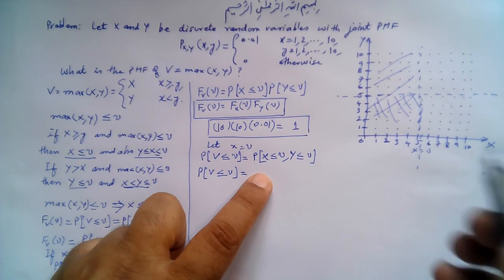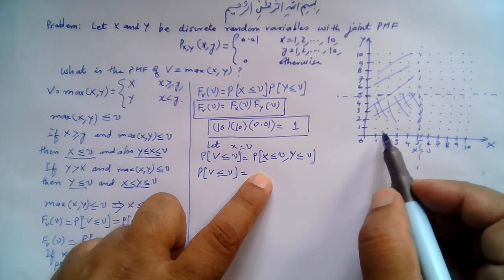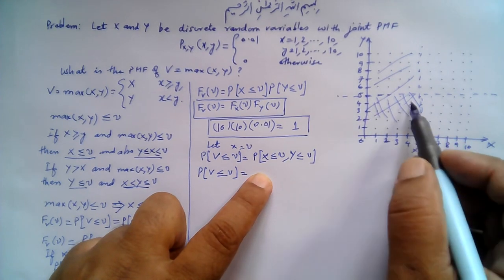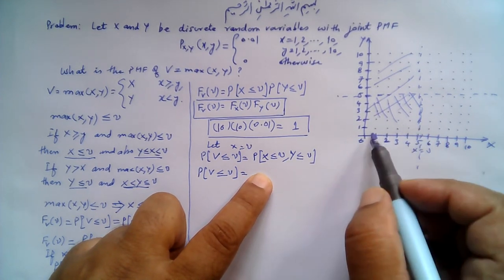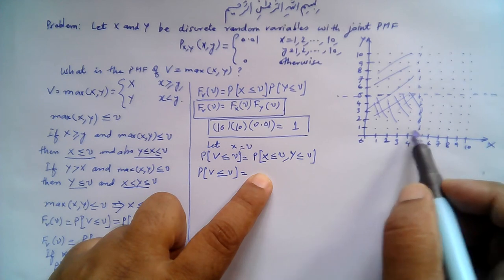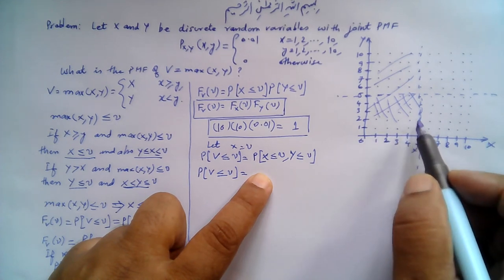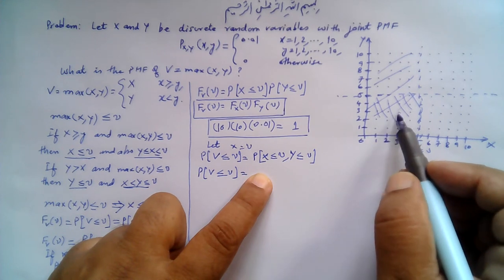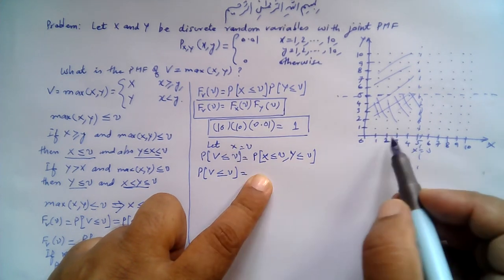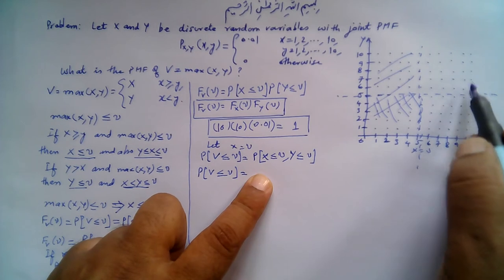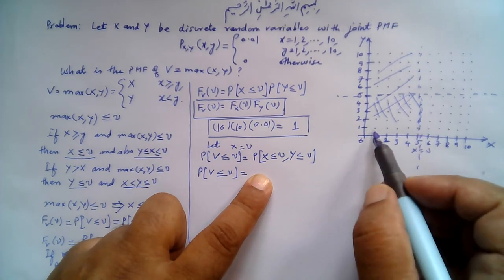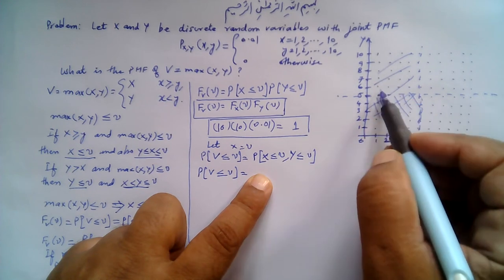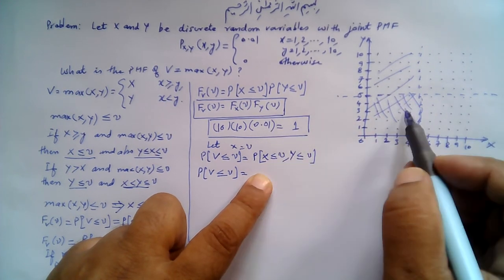So if you want to calculate the probability in this region, you need to count the number of points in this row and the number of points in this column, and they will be multiplied together with the value of the probability, like we did here. To calculate the probability of this entire region, we multiplied the number of points in a row with the number of points in the column and with the probability of each point.